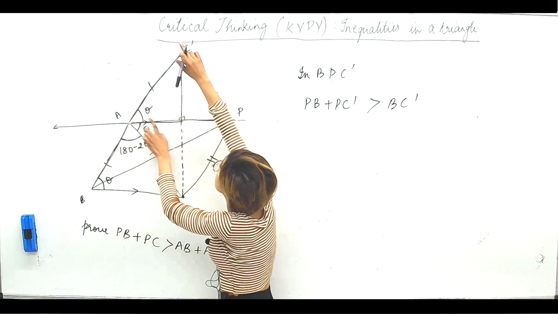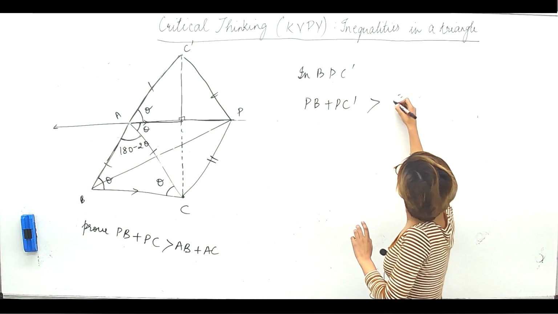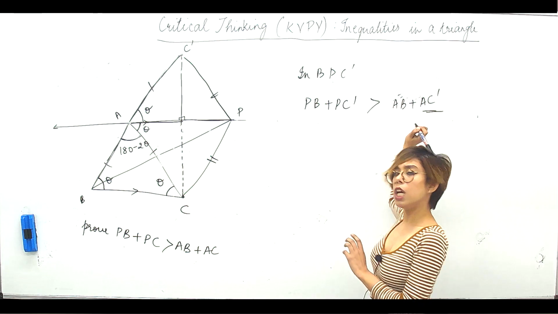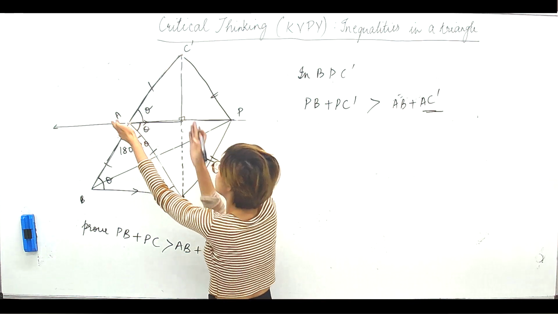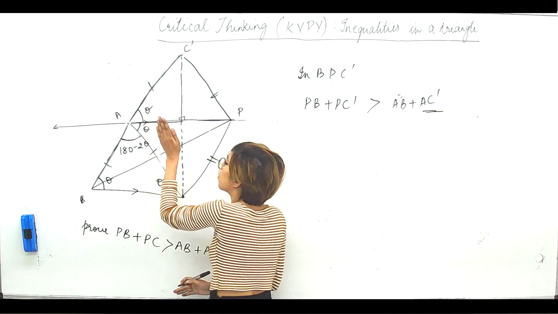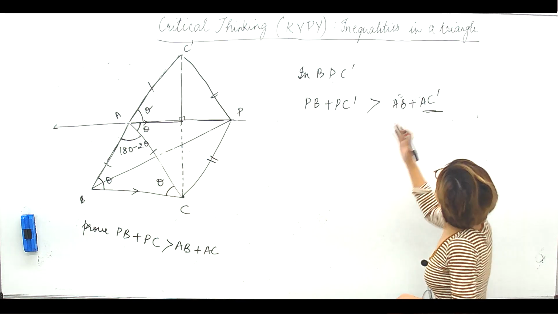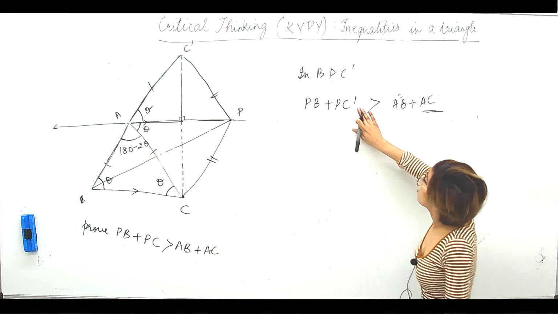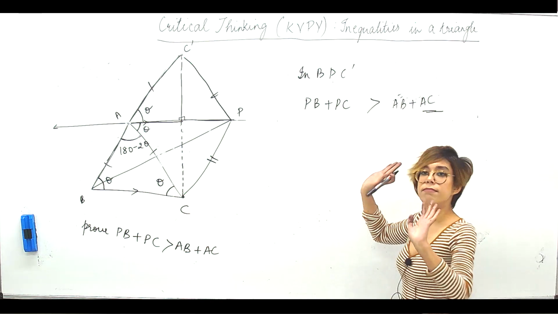AB plus AC dash. पर मुझे तो AC चाहिए. Obviously, अब AC dash is equal to AC. अभी तो proof किया. This triangle is congruent to this one. Right? So this is nothing but AC. तो ठीक है, यहाँ पे PC dash की जगह PC लिख लो, done. Hence proven.